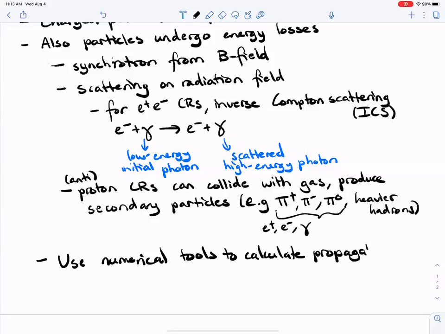One that's very long-standing and very well-known is called Galprop. Another one is called Dragon. The PPPC4DMID site that I mentioned yesterday also has some pre-computed tables for propagation for specific cases.